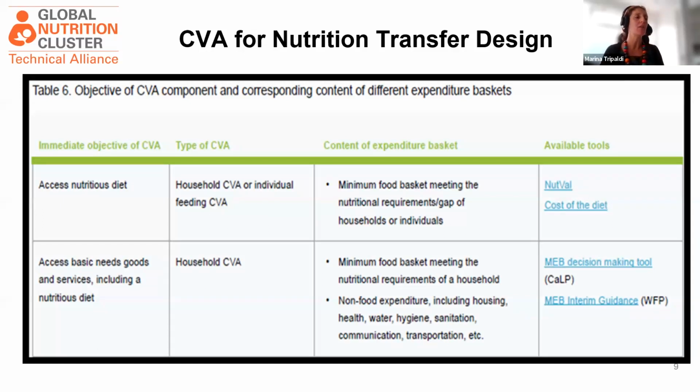Very often we see that costs related to transportation are instrumental to access to the market or to access to health and other basic services. In this case, the method that most of the time is used is the minimum expenditure basket. That is really an available method to design a multi-sectoral transfer value.